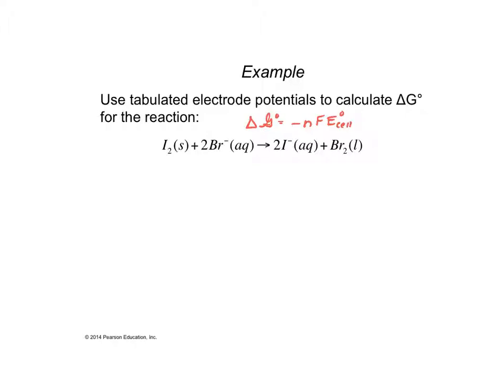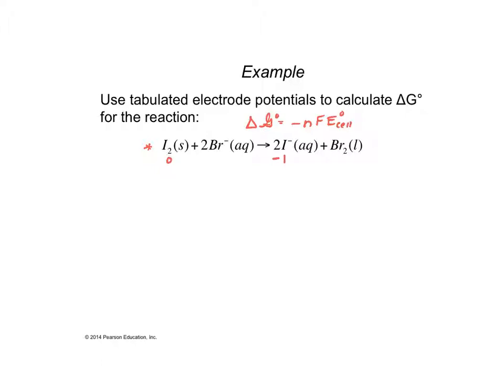Okay, so we have a chemical reaction. We've got iodine reacting with bromide to make iodide and bromine. Who is being oxidized in this reaction? We've got iodine. This is the elemental form of iodine, so it has an oxidation state of 0. What is it going to on the product side? A -1, okay?